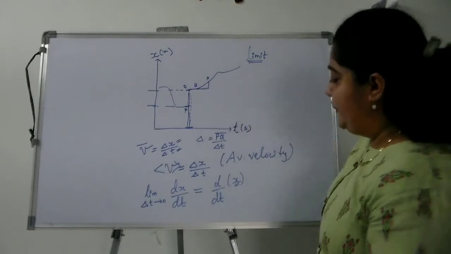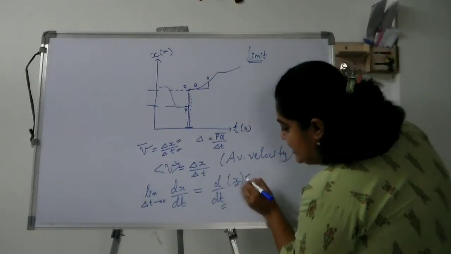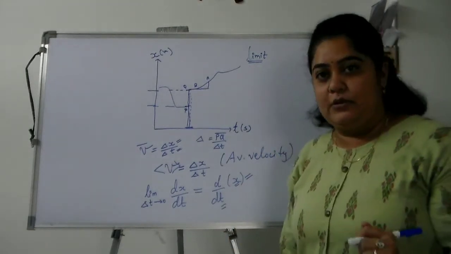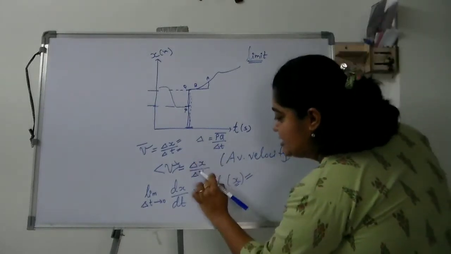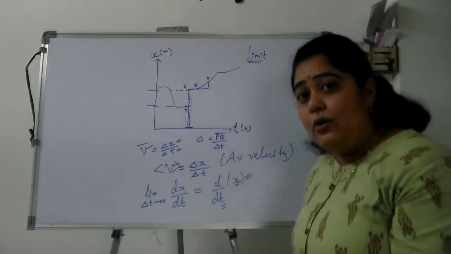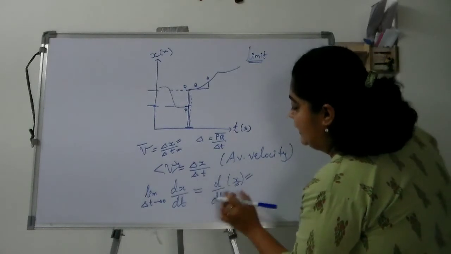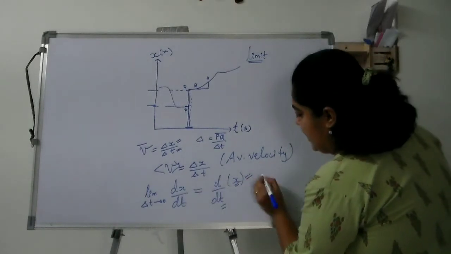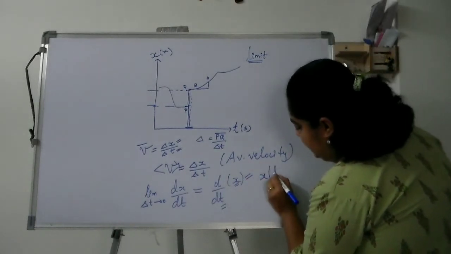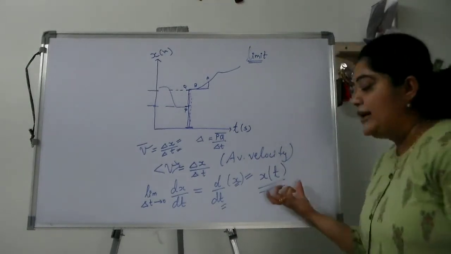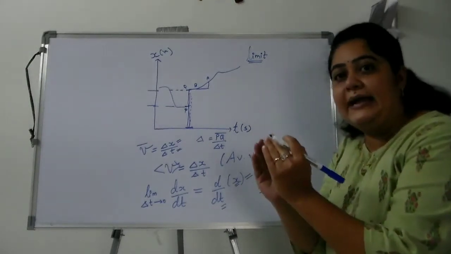So t is an independent variable while x is a dependent variable. So this delta x by delta t is now converted into d by dt of x, where x is a function of t.